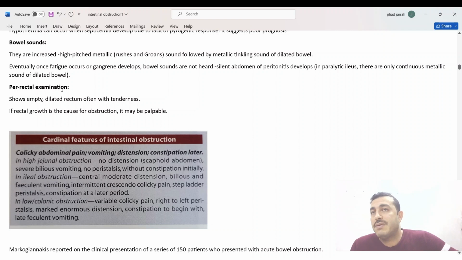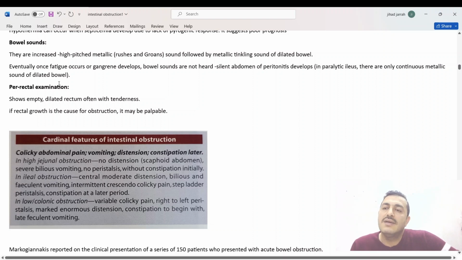We said hyperperistalsis. In the hyperperistalsis phase, where the bowel is contracting to overcome the obstruction, we will hear bowel sounds, while later on we will not hear them; it will be silent.